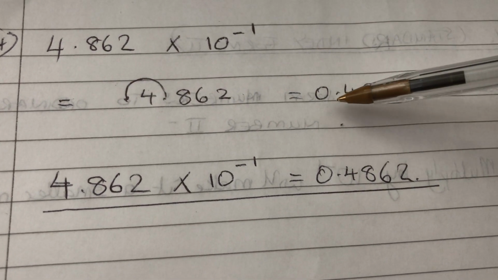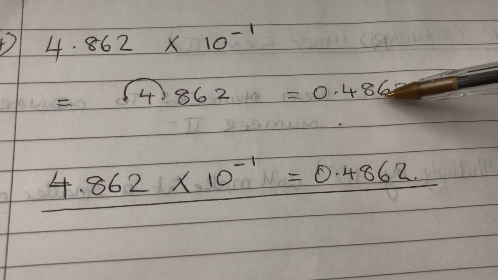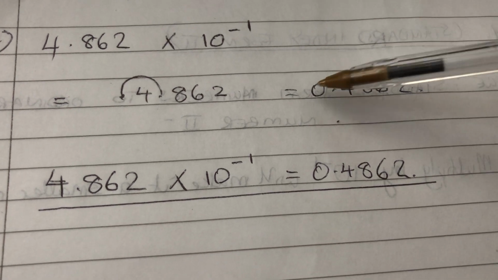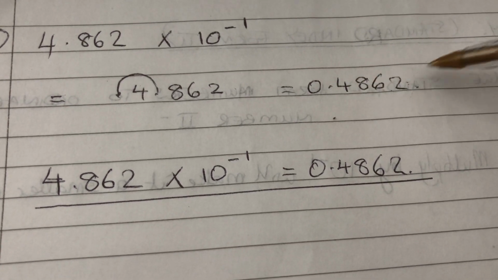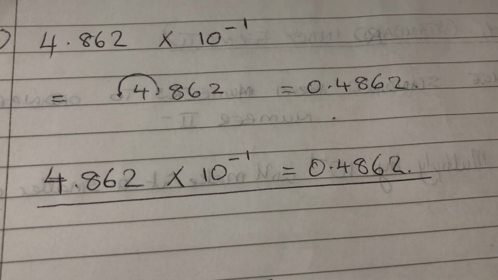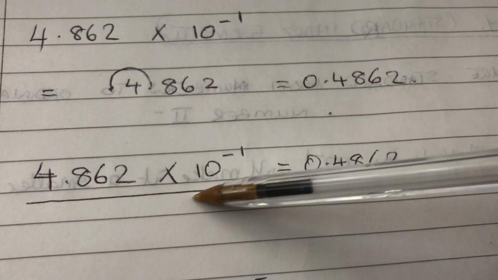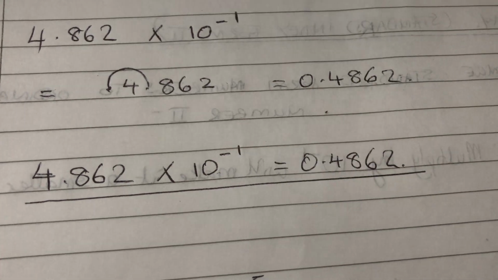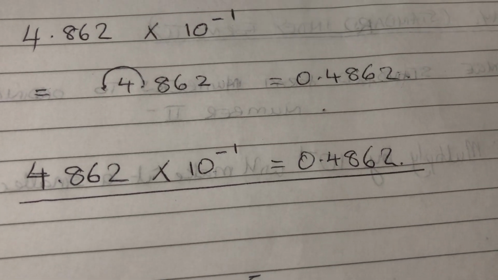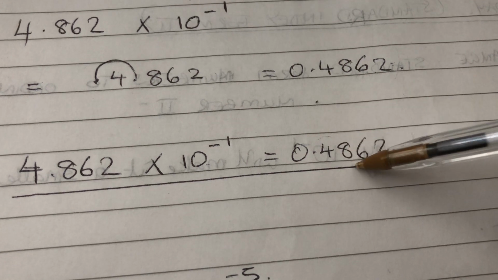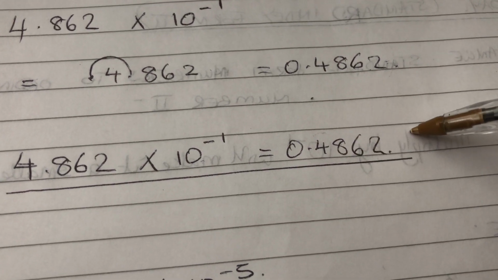So we have 0.4862. So 4.862 times 10 to the power minus 1 will be equal to 0.4862. Okay.